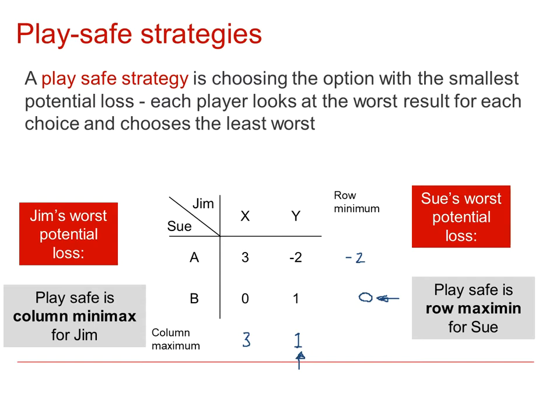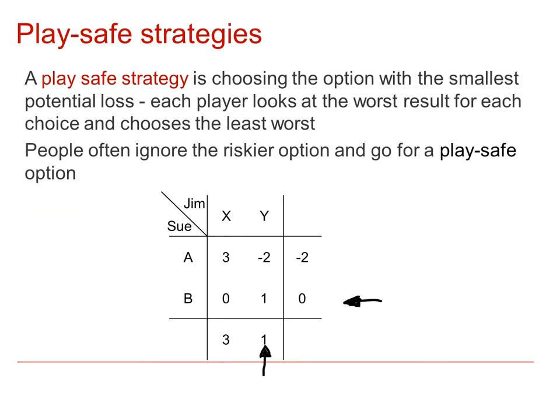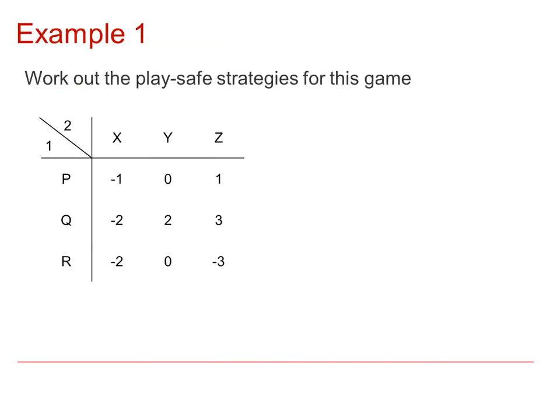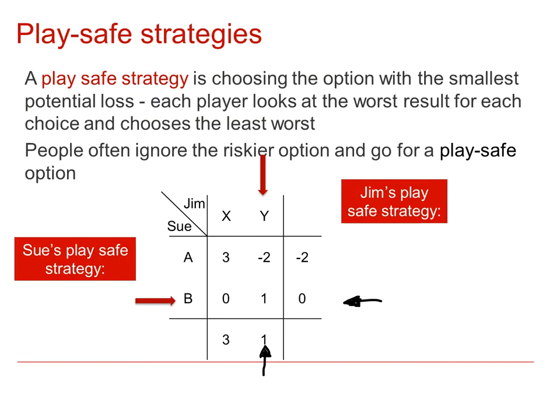So she wants to make the smallest value as large as possible, whereas Jim wants to make the largest value as small as possible. So those are the values that we found in the last slide. We can say therefore that Sue's play safe strategy is B, and Jim's play safe strategy was Y.